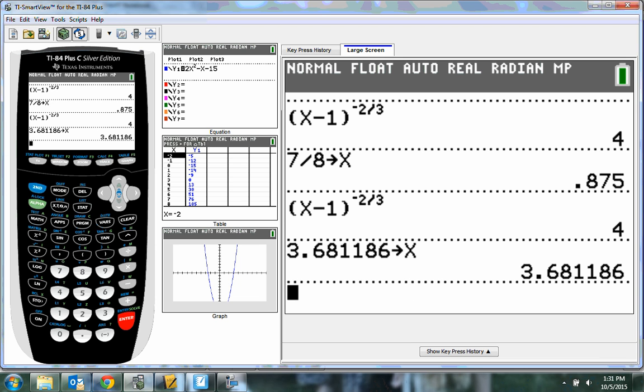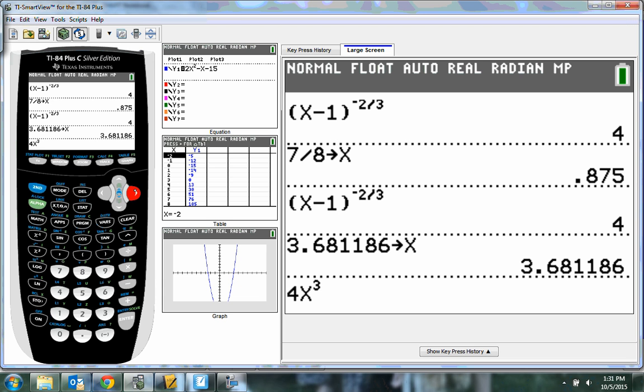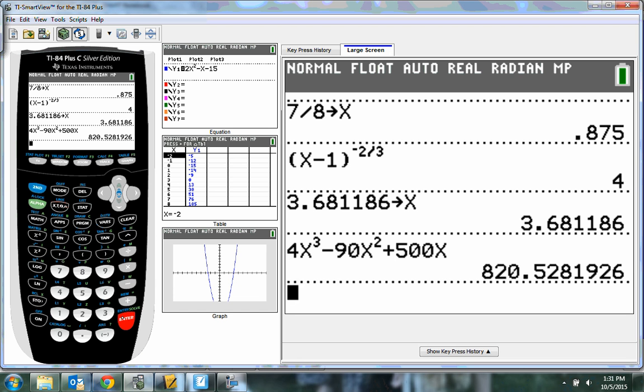So it was 4x cubed minus 90x squared plus 500x. And when I hit enter, it uses that value in for the x's, so you don't have to write it over and over.